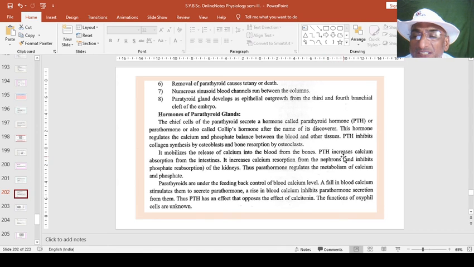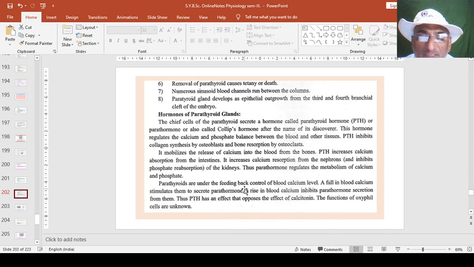Parathyroid hormone increases calcium absorption from the intestines. It increases calcium reabsorption from the nephrons and inhibits phosphate reabsorption in the kidneys. Thus, parathormone regulates the metabolism of calcium and phosphate.